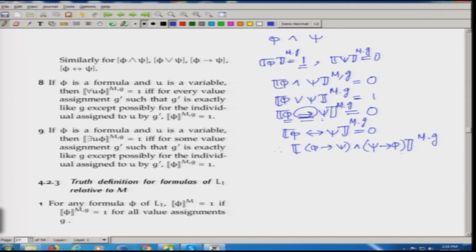In order for this to be 1, both this and this has to be 1. Since that is not the case, we know that phi implies xi. We have already seen that phi implies xi is 0. Because it is 1, it is 0, and we will give it 0. So, that is the reason this is 0.